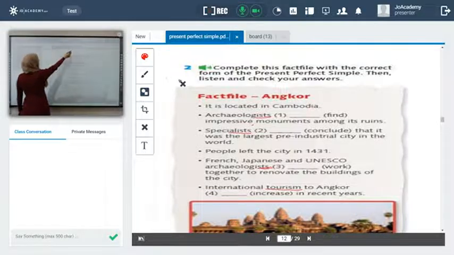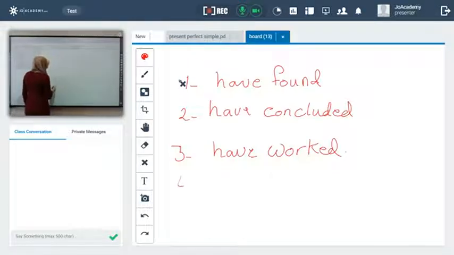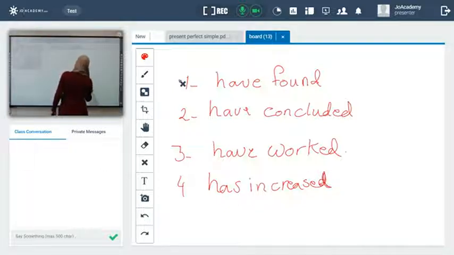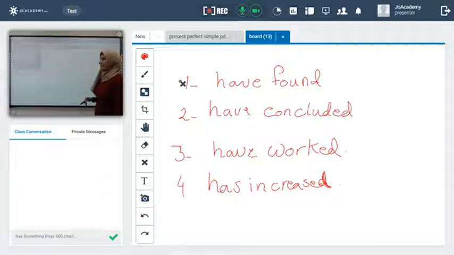So the right answer would be has increased. This is the D. So, have found, have concluded, have worked, has increased.